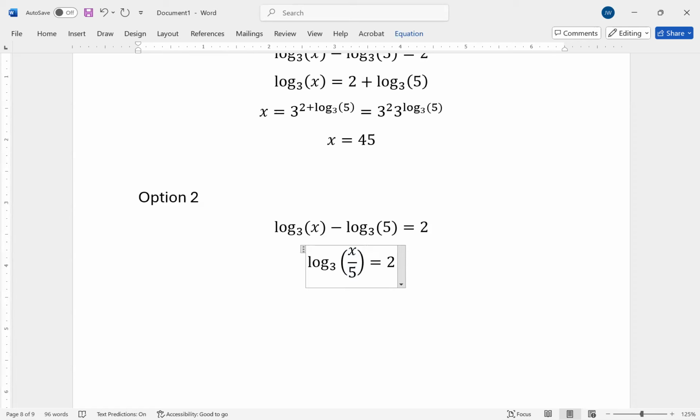And then I'd set that equal to 2. If I rewrite this expression as an exponential equation, that would give me x over 5 is equal to 3 squared. So x divided by 5 is equal to 9. If I multiply both sides by 5, I'd get x is equal to 45.